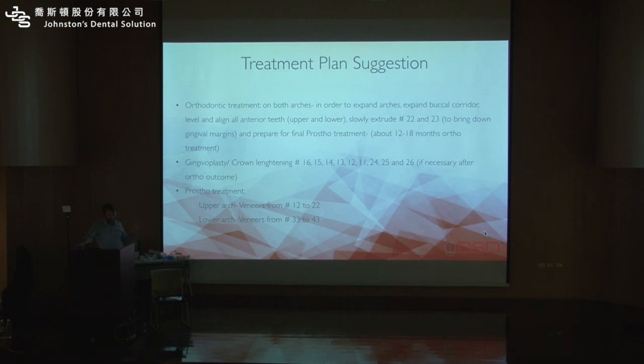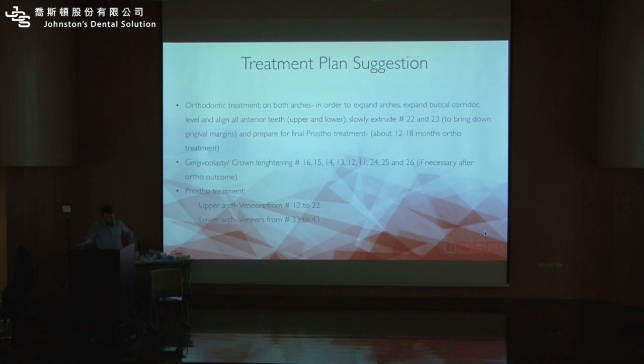So from our design perspective, we suggest orthodontic treatment on both arches in order to expand arches, expand buccal corridor, level and align all anterior teeth, slowly extrude the 12 and 22 and 23 to bring down the gingival margins, and prepare for final prosto treatment.